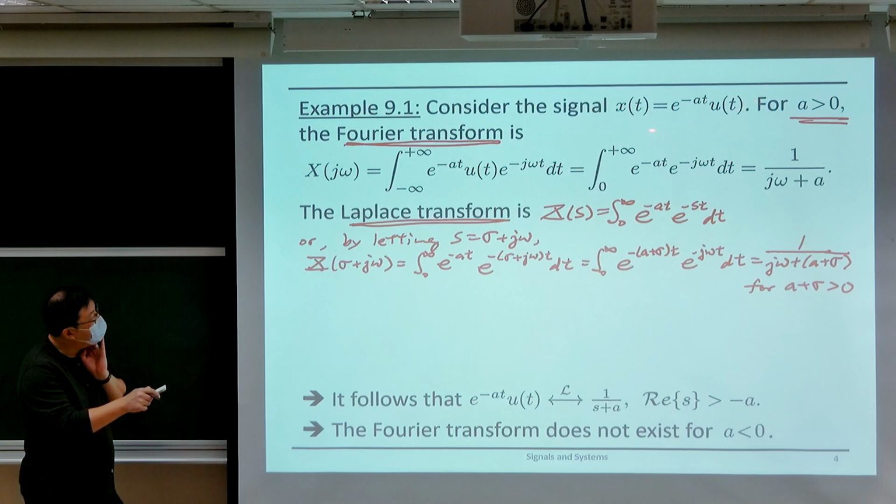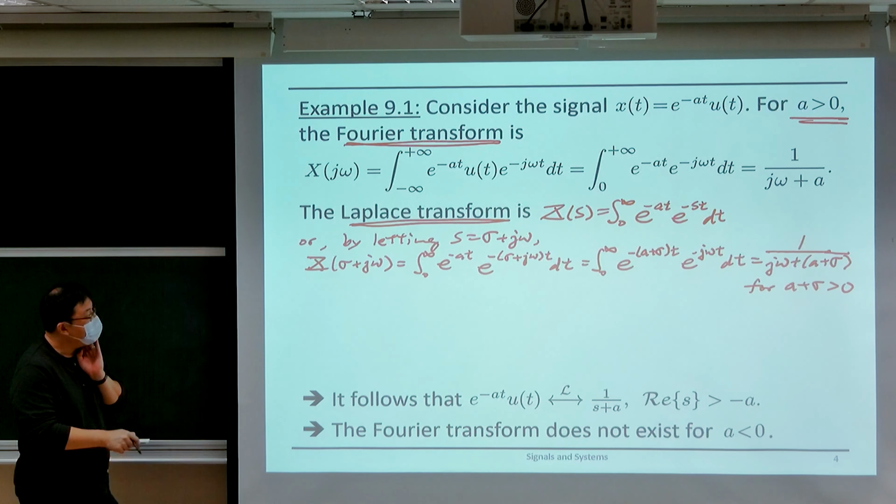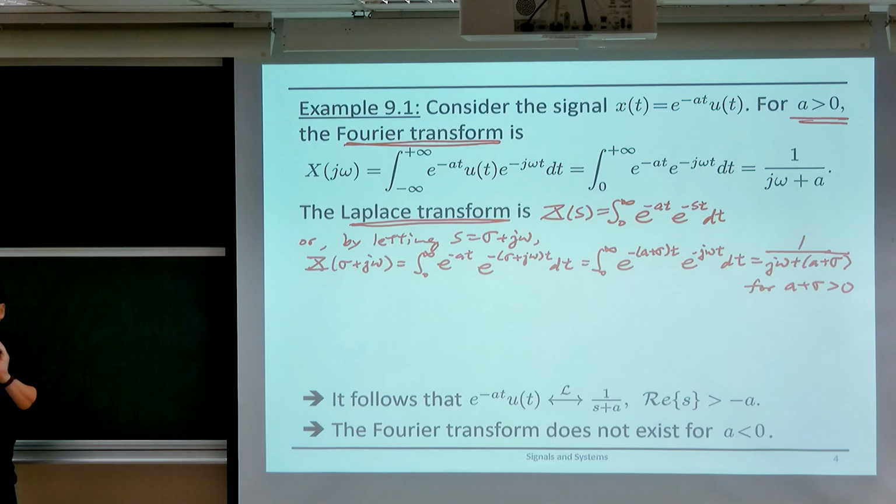So in other words, the Laplace transform for this function exists only if the real part of s is greater than 0. Hence, the Laplace transform is X of s equal to 1 over s plus a, because s is sigma plus j omega, I combined it into an s.